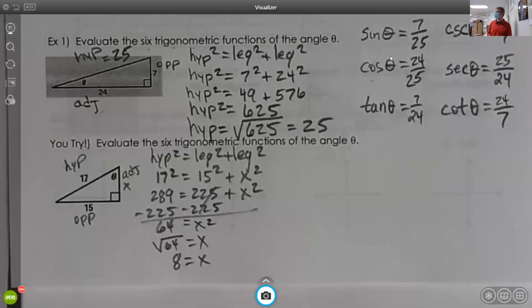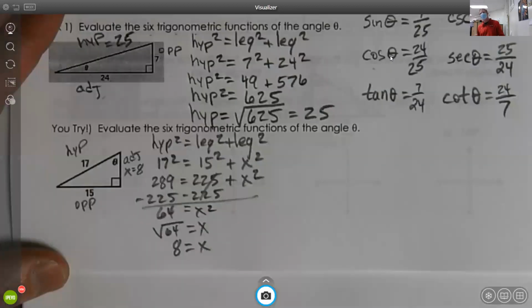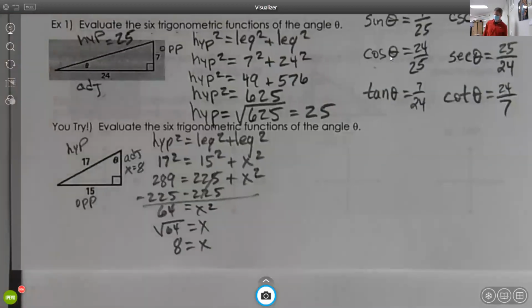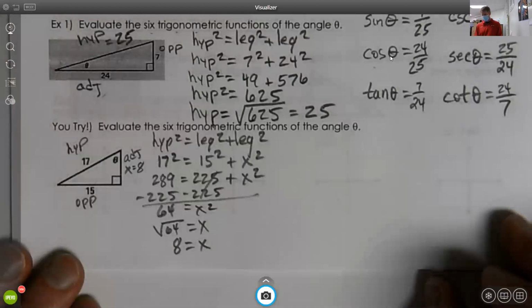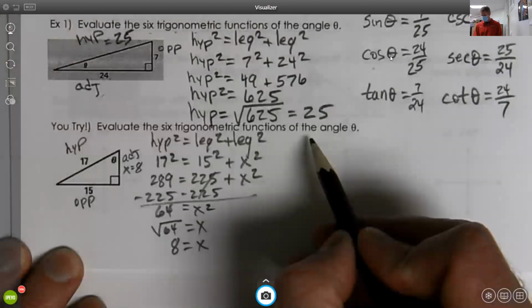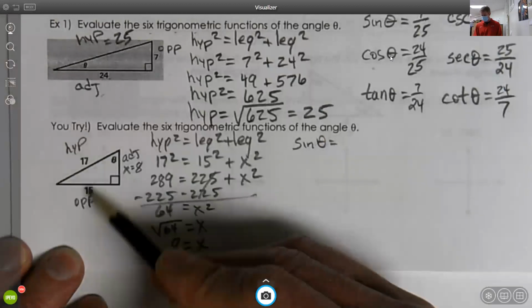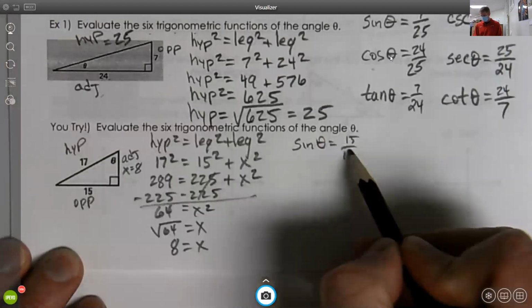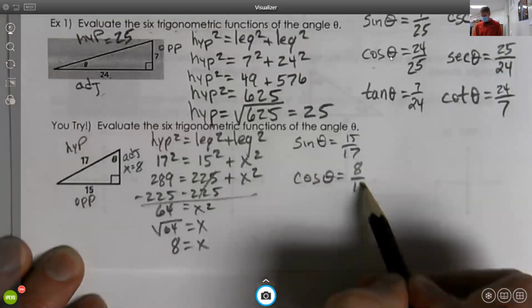8, 15, 17. Not nearly as known as like a 3, 4, 5 triangle, but nonetheless, Pythagorean triple. So looking at theta, we can easily figure out sine, which is the opposite over hypotenuse, and cosine, and tangent.